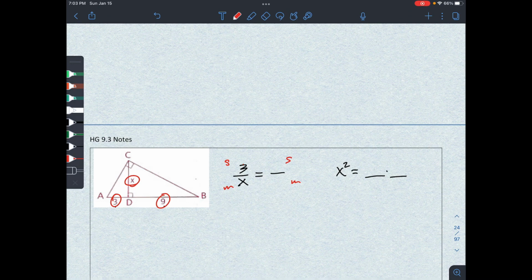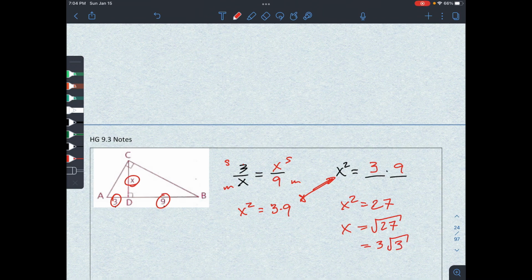So 3 is to x, as x is to 9. Or you could just say x is the geometric mean between 3 and 9. Either one will get you to the same spot, because notice if you cross multiply, you end up with the same equations. So x squared is 27. We take a square root of 27. We ignore the negative, but make sure you simplify. So there we have our value, 3 root 3.